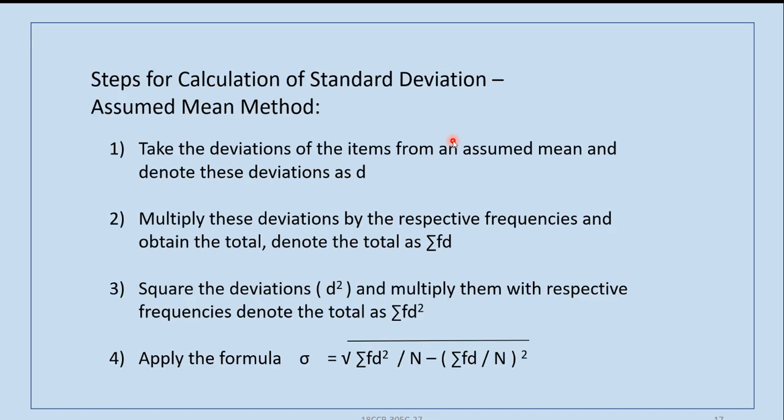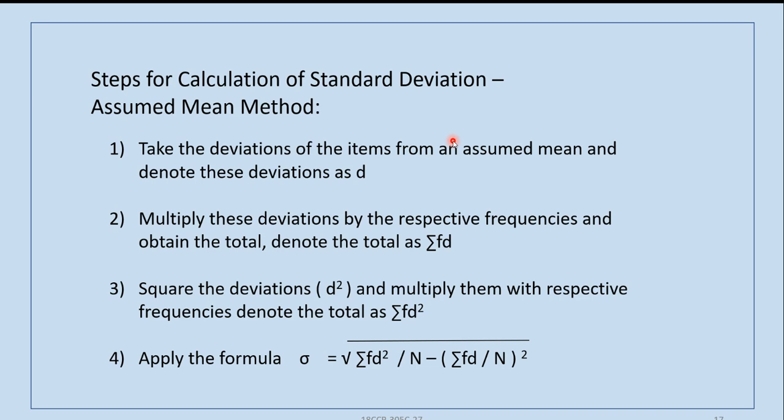Now we will see the steps for calculation of standard deviation by the assumed mean method. Take the deviations of the items from an assumed mean and denote these deviations as d. First of all, take the series in the first column.